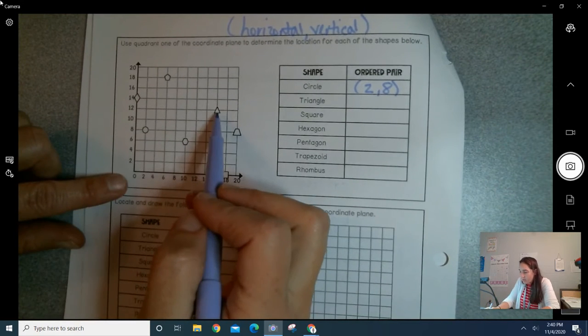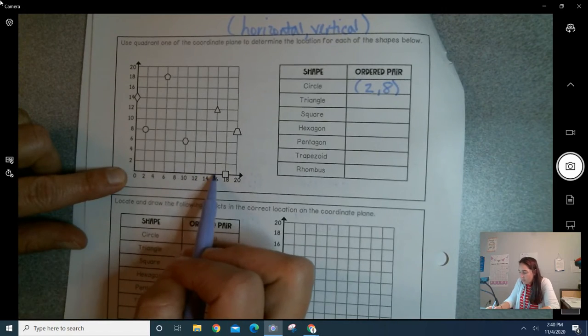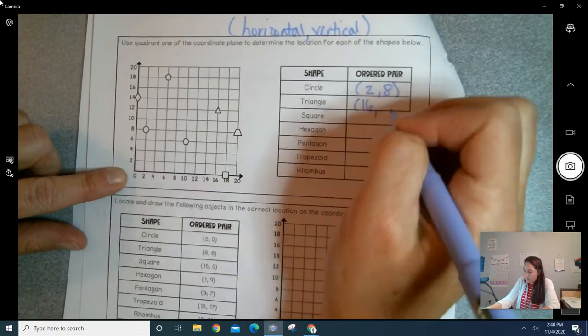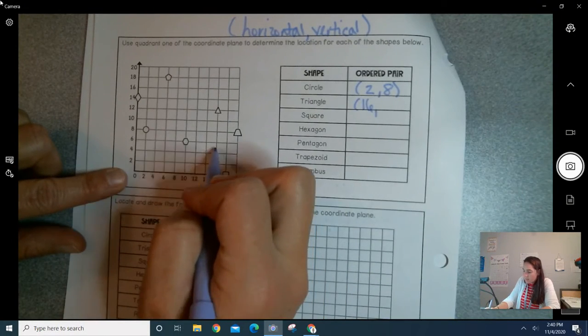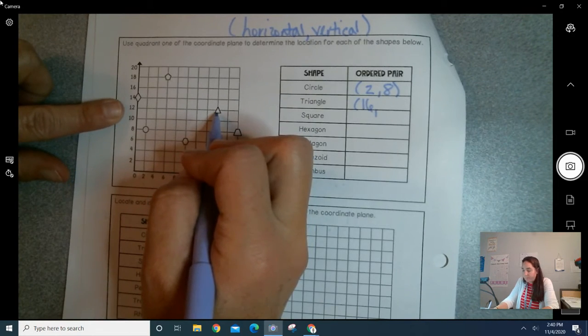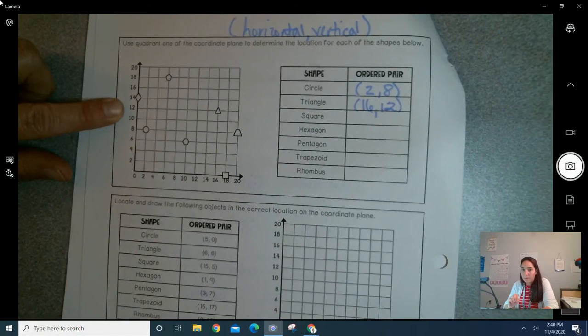For the triangle, which is over here, to the right, I have to go all the way to 16. So that's my first number. And then to go up to the triangle, I go up to 12. 12 is the vertical number.